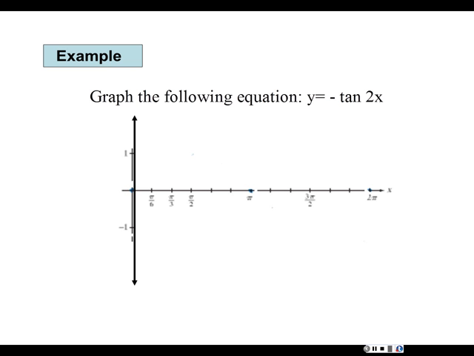So let's cut 3 from here. Let's cut negative 3 from here. And let's divide this into 4 quarters. If we do this, how much would it be? It would be negative pi by 8.